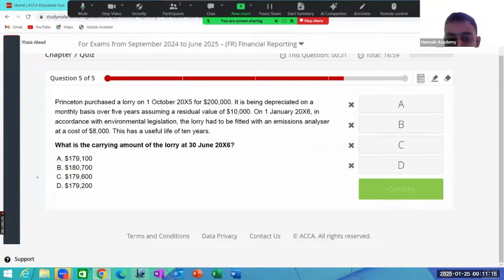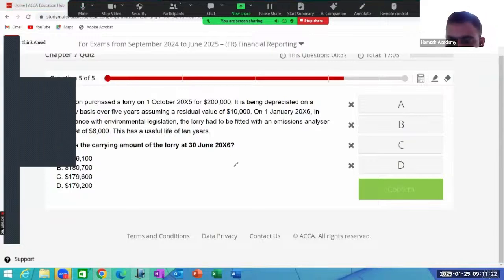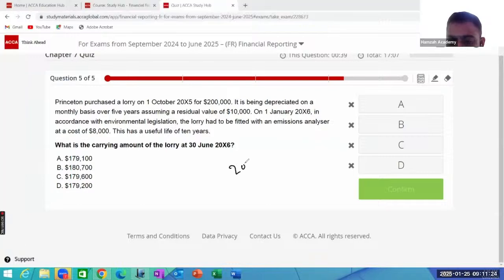Now, they want to know the carrying amount of the lorry. So, the lorry has two components. One is itself, which is 200,000, which will be depreciated over 5 years. And residual value is 10,000.